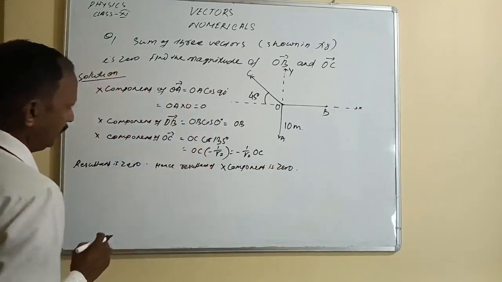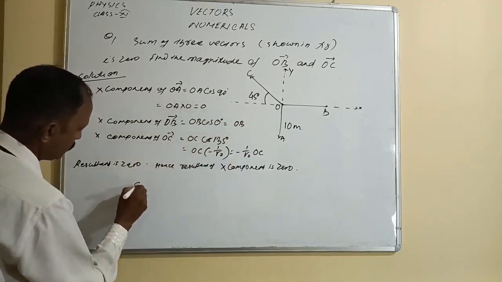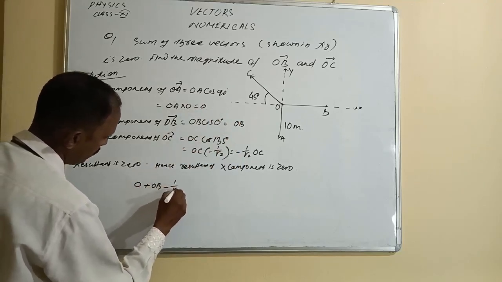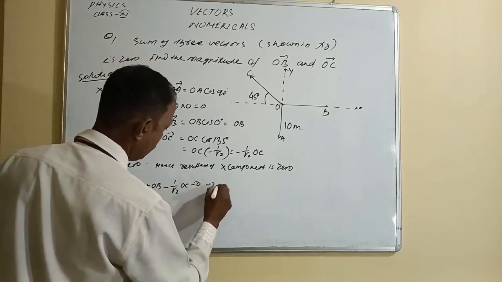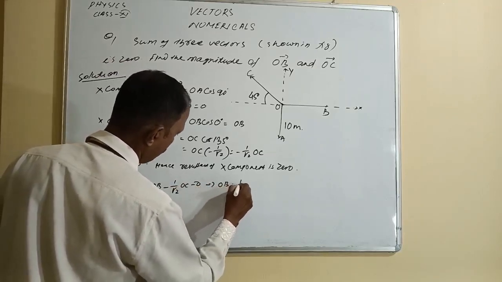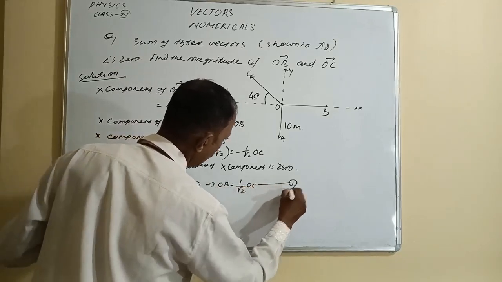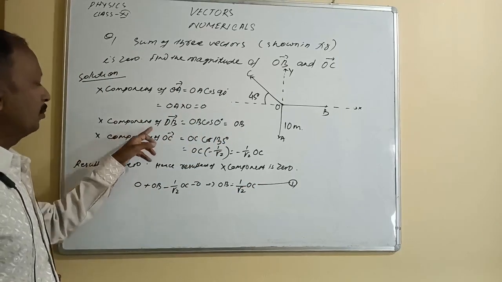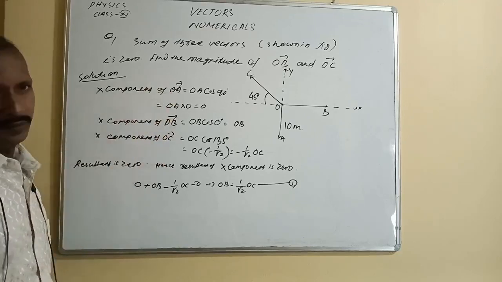That means if I add these three: 0 plus OB minus 1 by root 2 OC is equal to 0. This implies that OB is equal to 1 by root 2 OC. This is one equation I got. Clear? I have taken the x components of OB, OC and OA.